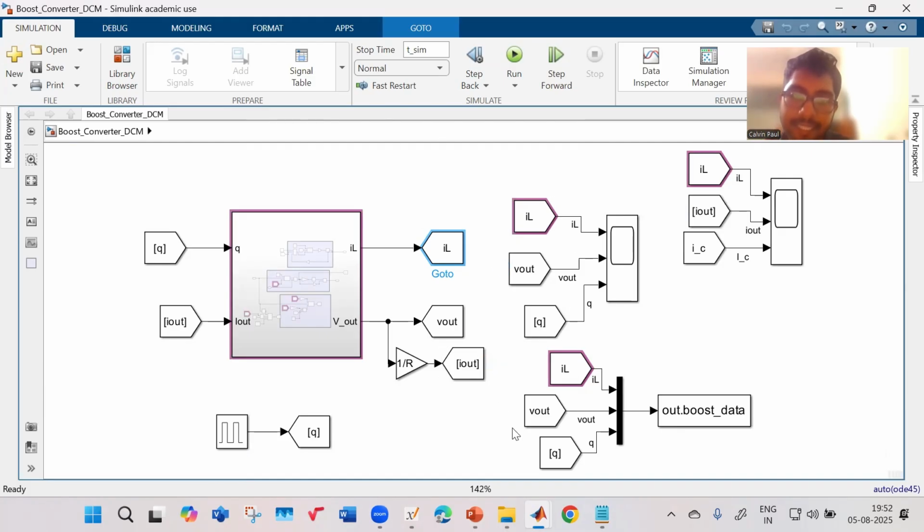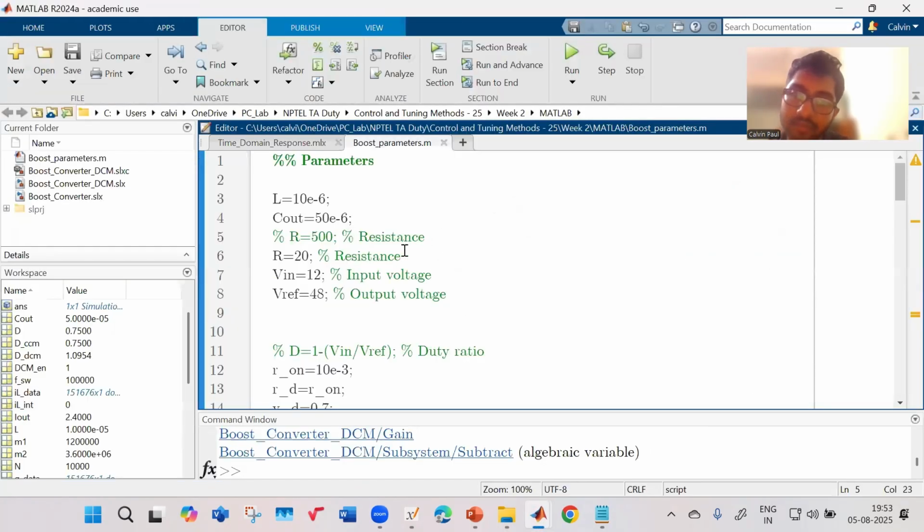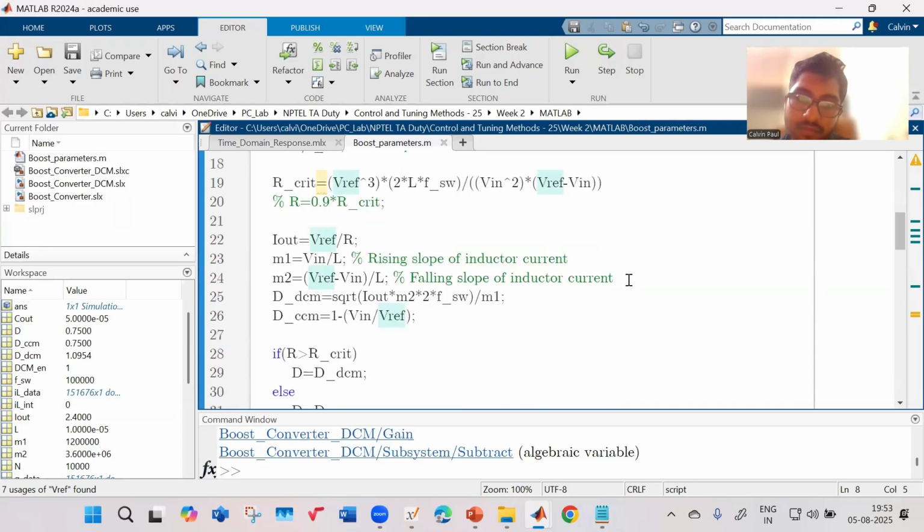Next, I'll go to my script file. I have considered two cases. One is my resistance is 20 ohm. This is my input voltage, this is my output voltage, this is the resistance of my switch, my diode drop, inductance, capacitor ESR, switching frequency. Time period is 1 upon switching frequency.